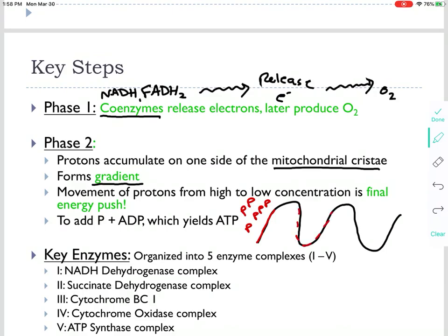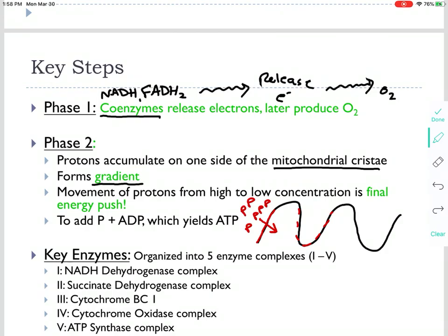We can understand that this membrane is semi-permeable, right? So it's actually like this. It's a phospholipid bilayer. All right. So we have a buildup of stuff on one side of the cristae. And when we have a gradient and a semi-permeable membrane, what's going to happen? We're going to diffuse from high concentration to low concentration.